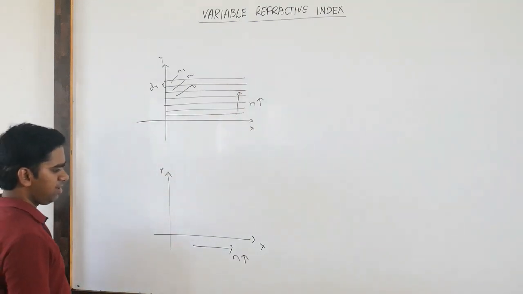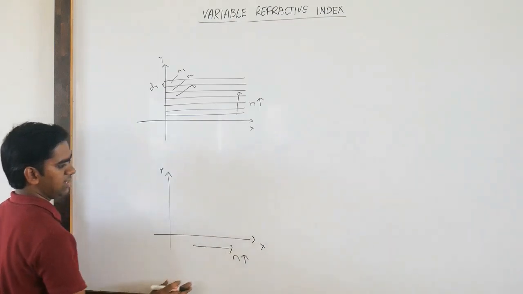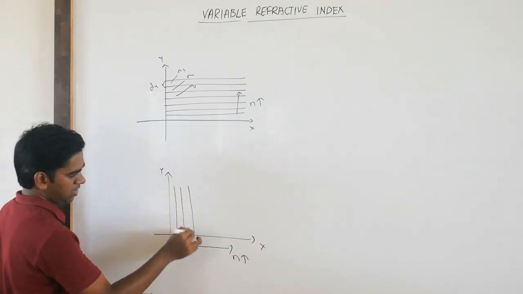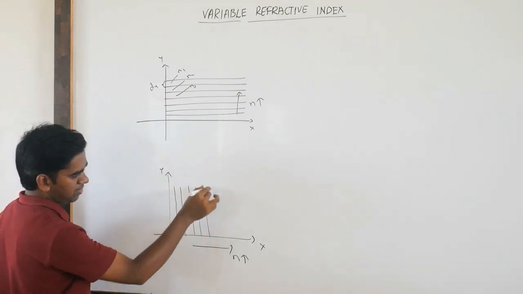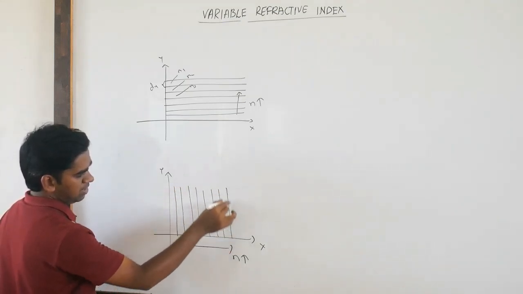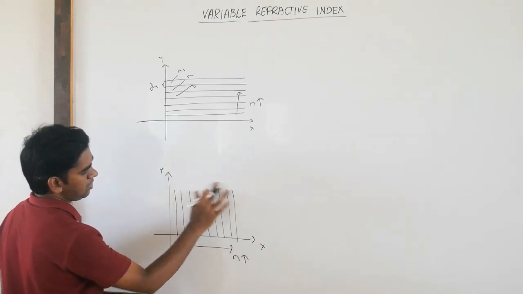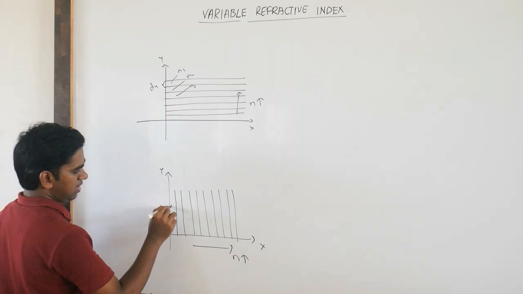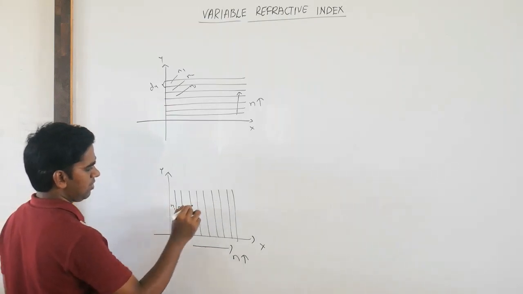Similarly, if it is variable along the x-axis, we have to take these strips parallel to the y-axis. This is how the refractive index is changing. You can take these as n1, n2, n3, whatever.